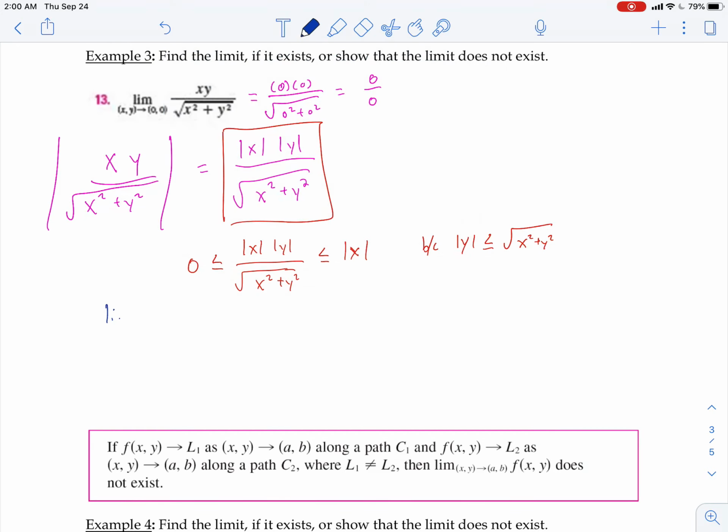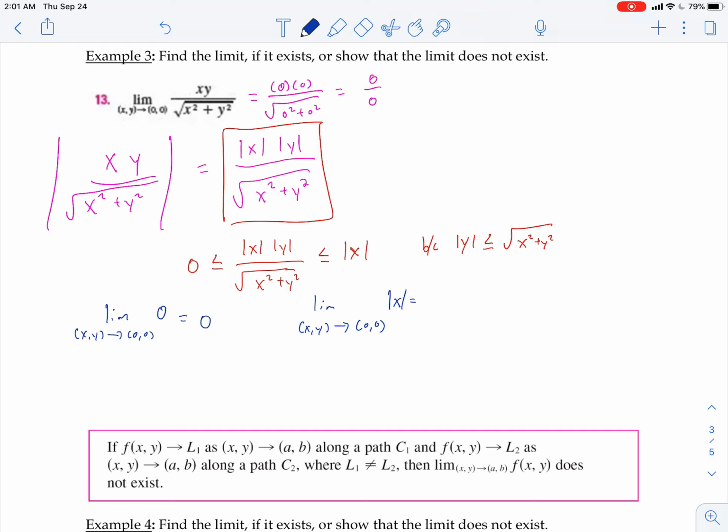So we're going to take the limit as x and y go to 0, 0 of 0, and that's just 0. Then we're going to do the same thing to the right, the limit of x and y as it approaches 0, 0, and we get the absolute value of x.